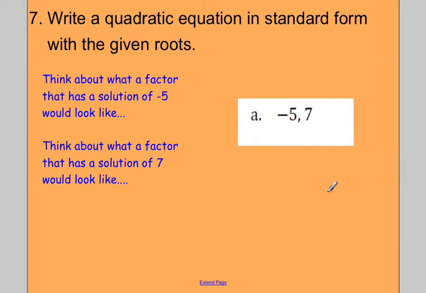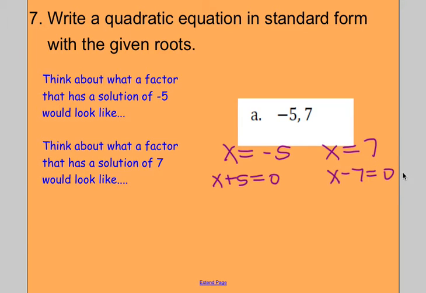So the way I like to think about it is we really have x equals negative 5 and we have x equals 7. But we know we want to have 0 on this side, so in order to get 0, I would add 5 to both sides. So I would have x plus 5 is equal to 0. And here I would have to subtract 7, so x minus 7 equals 0. Now I would put my pieces back together.